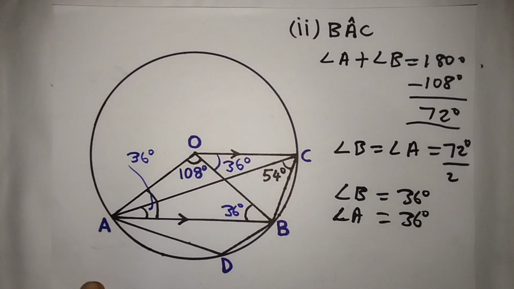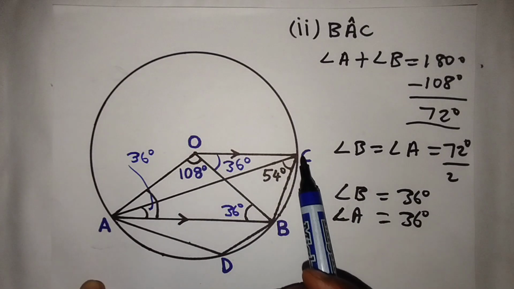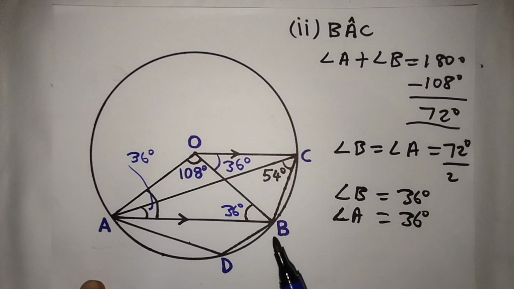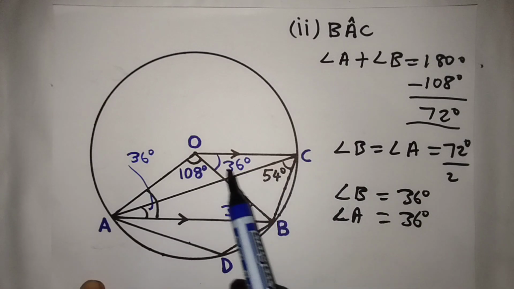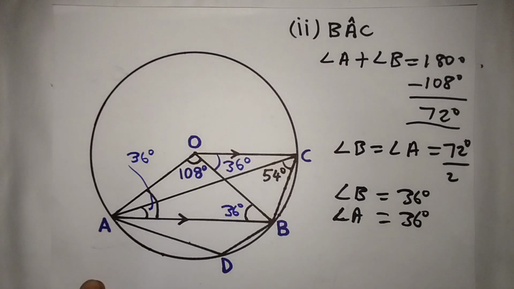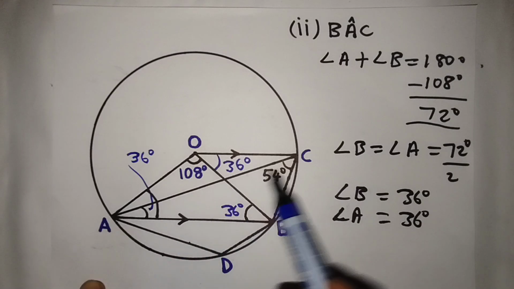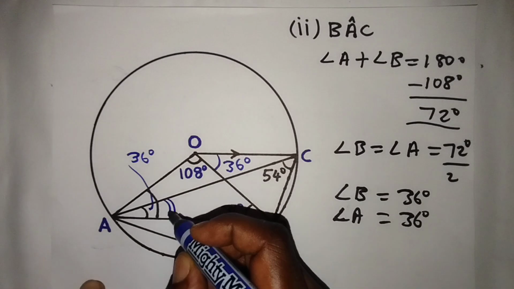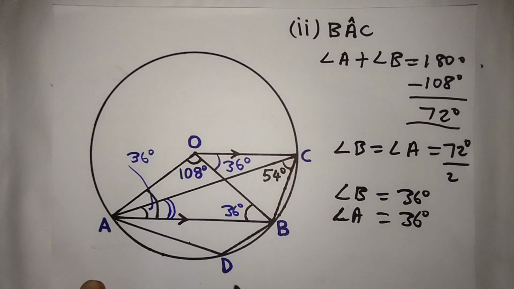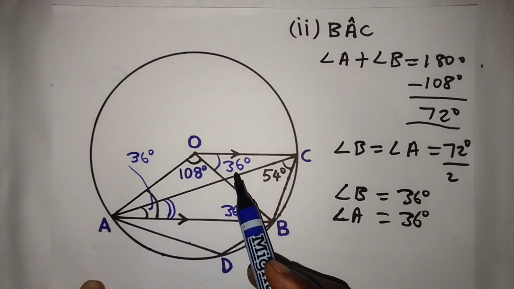Also, if we look at our diagram, we can see that the angle BOC is subtended by the arc BC at the center. So the required angle, which is the angle BAC, which is this one here, is half of this angle at the center.